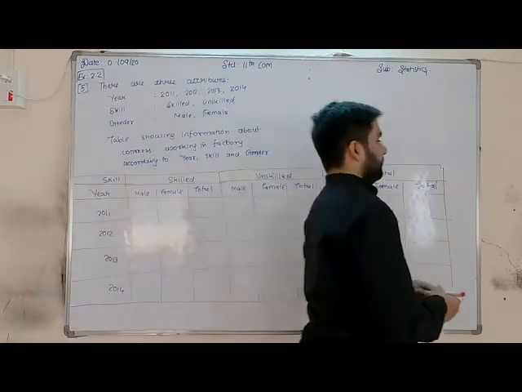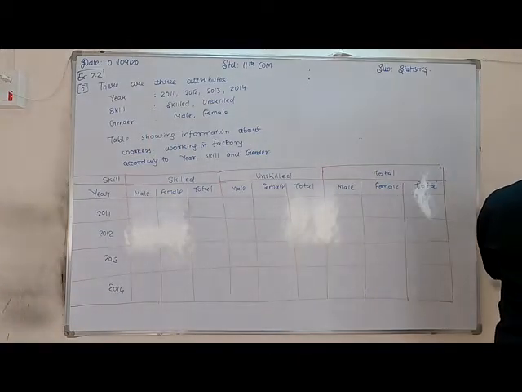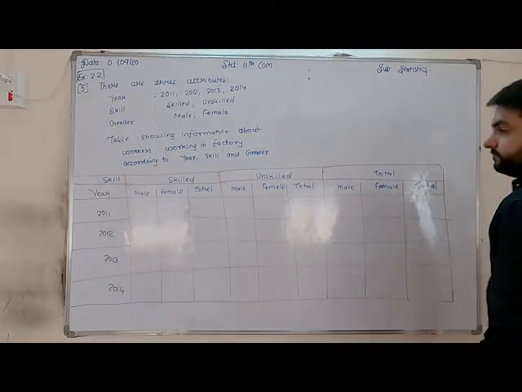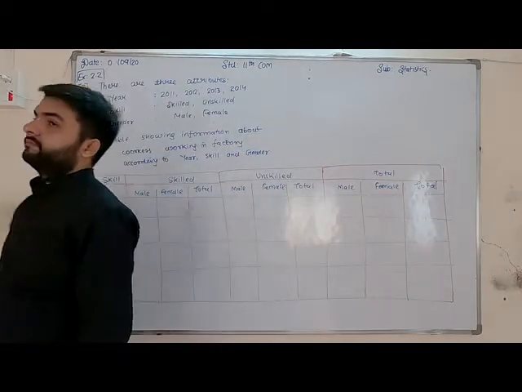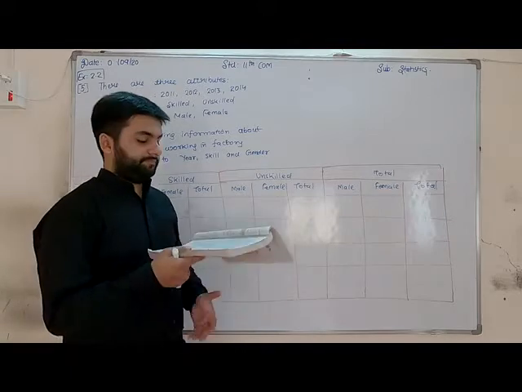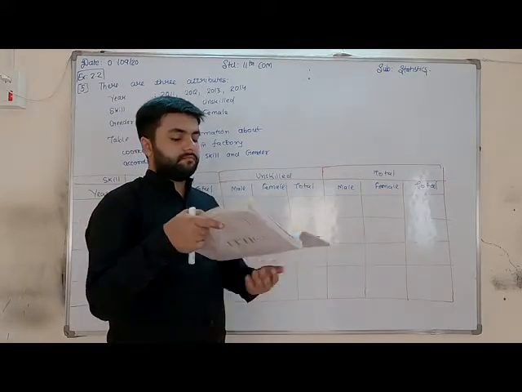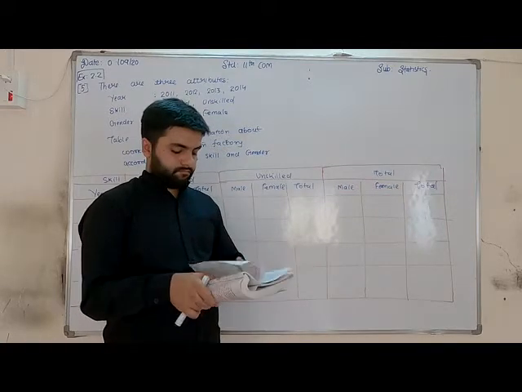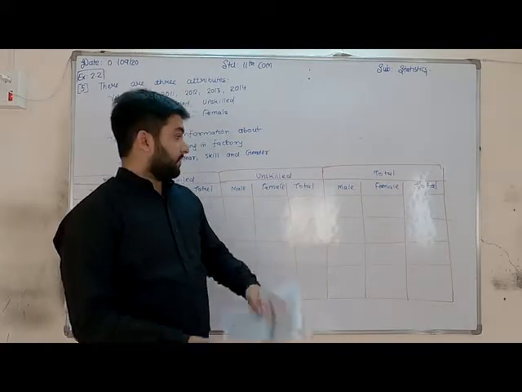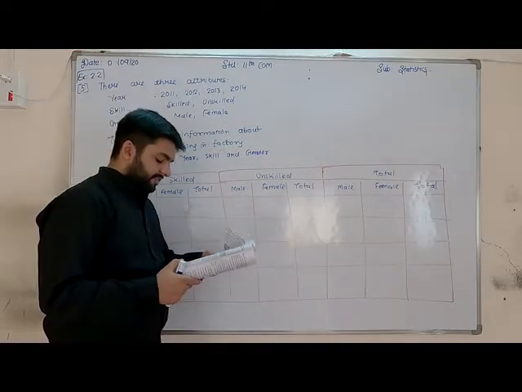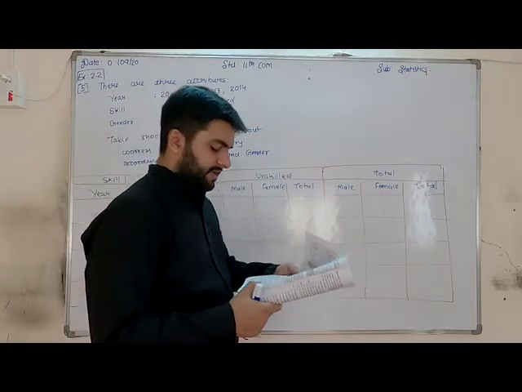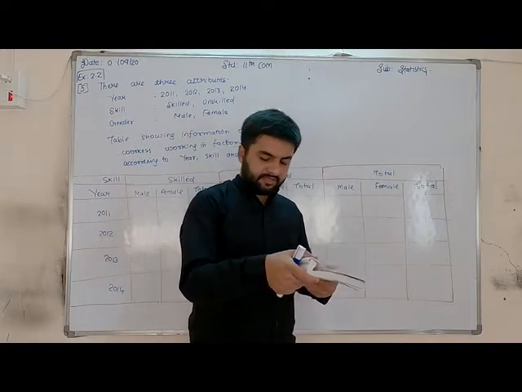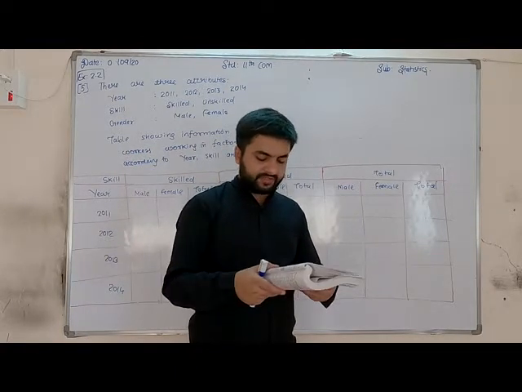Okay, so this is the data ready. Now, starting the sum. There were 1250 skilled and 400 unskilled workers in private company in the year 2011.